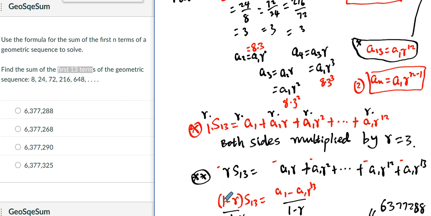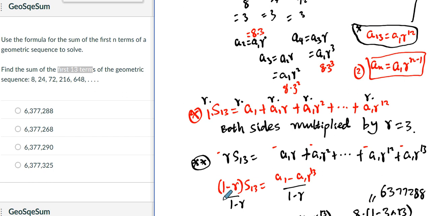So the left-hand side is 1 subtract r times S13, again, equals the right-hand side, which is the first term, A1, subtract the last term in the black equation. Okay, now we divide both sides by 1 minus r.